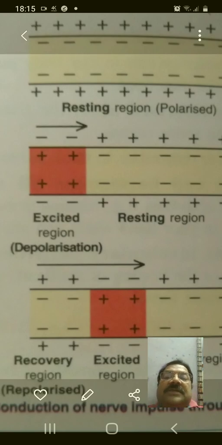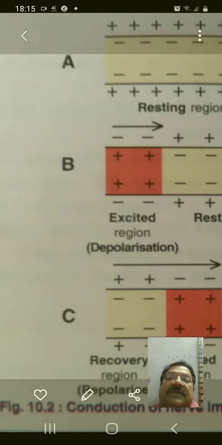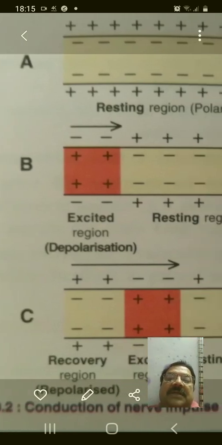In the second one, the B diagram, you can see the same stage. Whenever an impulse or stimulus touches this red region, what happens? The positive charges will move inside and the negative charge will be outside.